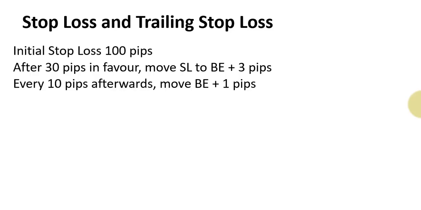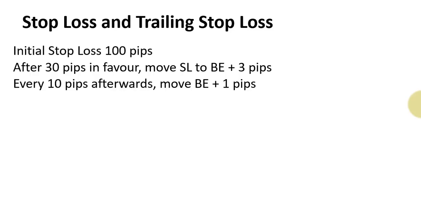That 3 pips is useful to cover the commission, swaps, or other charges from the broker, so that each time you have a break-even trade, it is not a losing trade. You end up with either 1 pip or less than 1 pip, but it will never be negative.